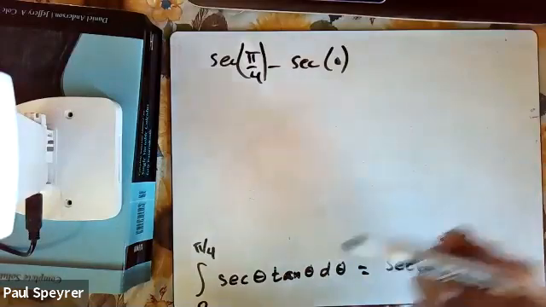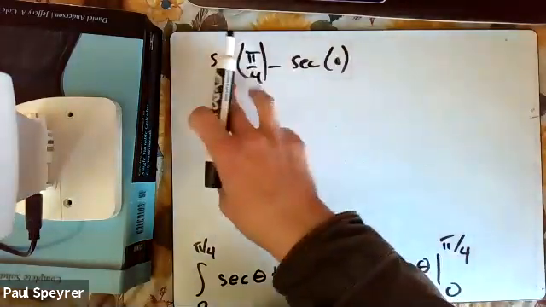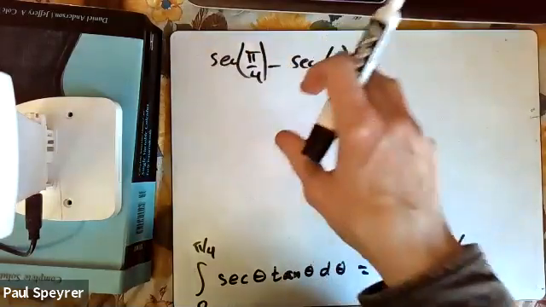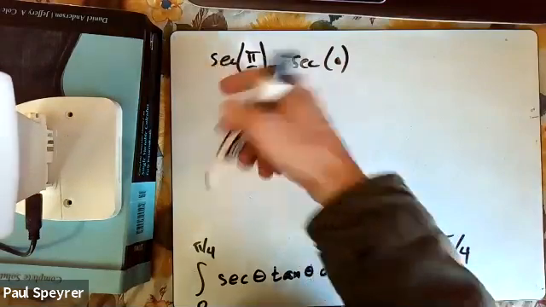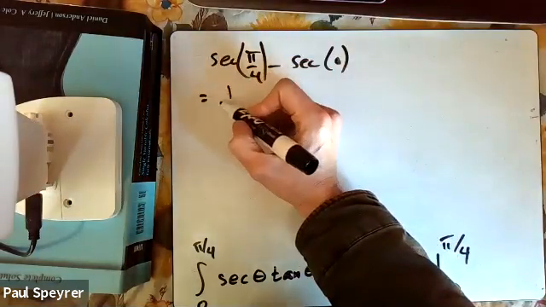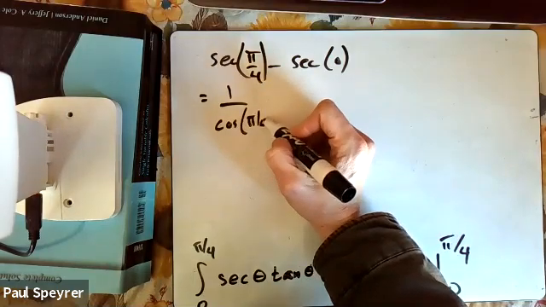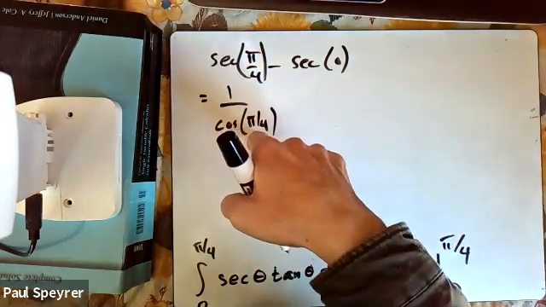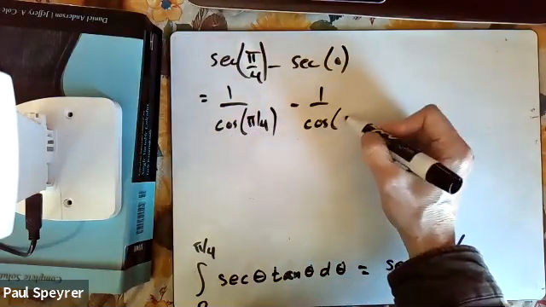Or if you get cosecant or cotangent of some weird value. Remember, if you have trouble evaluating this, go out there and rewrite it in terms of sine and or cosine. Remember, secant is 1 over cosine. So this is like saying, oh, what's 1 over cosine of pi over 4? Now it doesn't look so bad because we should all know what cosine of pi over 4 is. This is like 1 over cosine of 0.